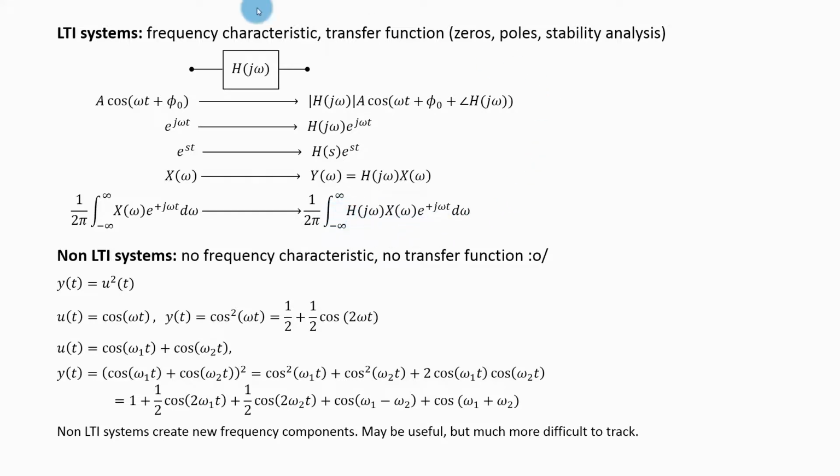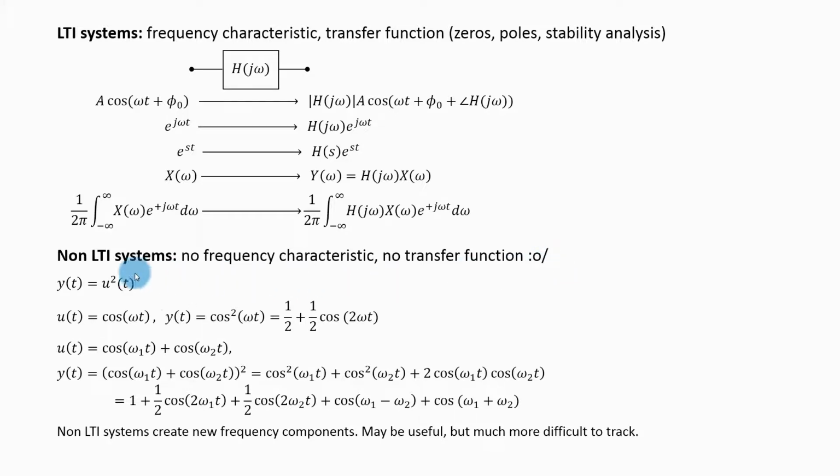All of this theory is usable only for the LTI systems, and that is why we like them so much. Now, what about nonlinear or time-variant systems? For these systems, there is no frequency characteristic, no transfer function. So all of that theory that we have learned thus far is pretty much unusable.